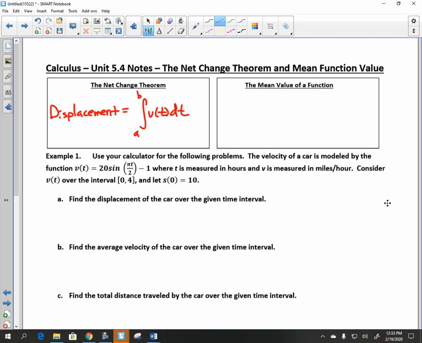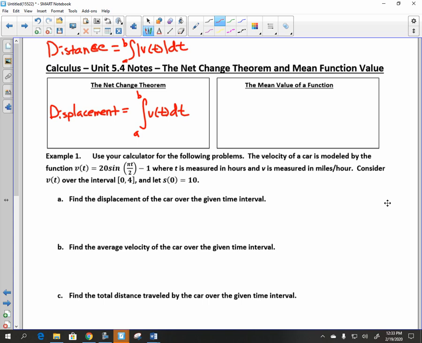Do you remember what we had to do differently if we wanted to figure out the actual distance that it traveled? Yeah, so I thought I put that box there. I didn't, so we'll just write it on top. If you want the distance, then that's equal to the integral a to b of the absolute value of v of t dt.